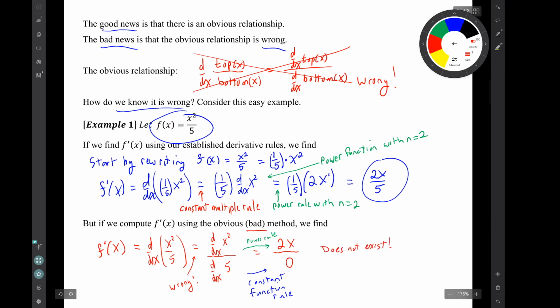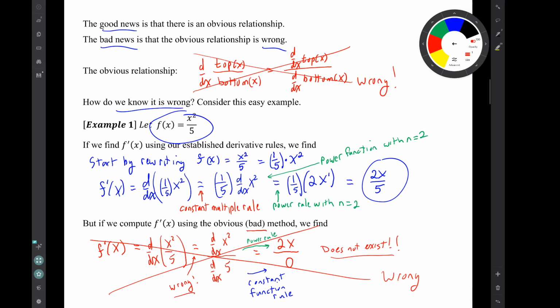So look, when we do the obvious thing, the derivative of a quotient is the quotient of the derivatives, we end up with an answer that does not exist. This is wrong. What's wrong about it is this step. It's not true that the derivative of a quotient is the quotient of the derivatives. So the obvious way is wrong. It leads to the wrong answer.